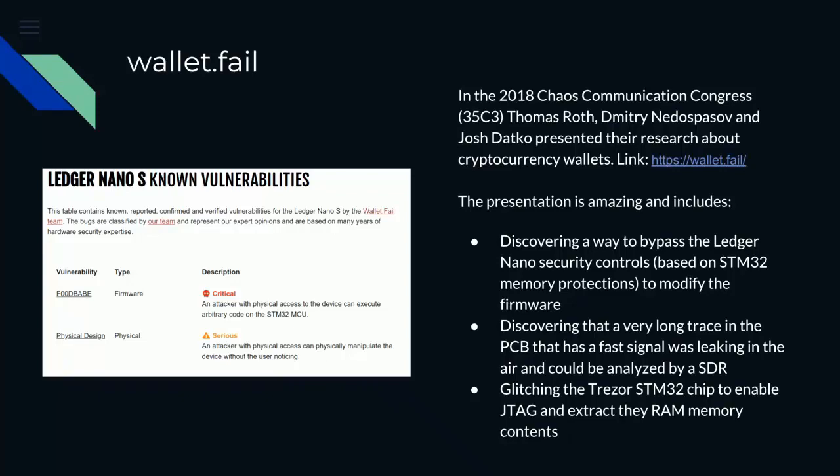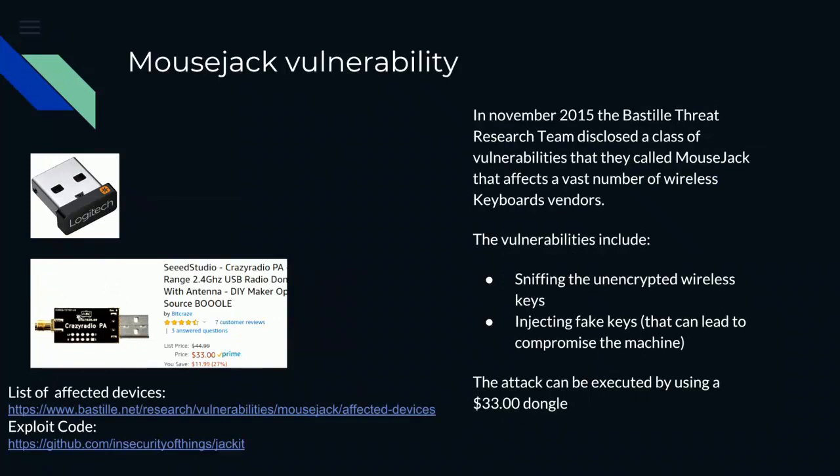Another example, the MouseJack vulnerability. Bastille Threat Research Team discovered that a lot of those dongles, like Logitech dongles, but really there are a lot of other vendors, in those cases they are not using Bluetooth, had some kind of vulnerability on the radio frequency communication. And basically you can buy a $33 kind of device.